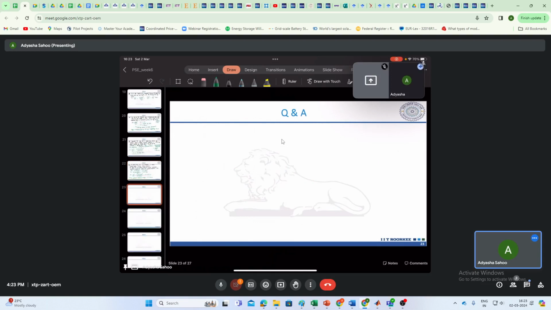Now next question. Again, transmission line with span length 200 meter, conductor diameter as 15 mm, ultimate strength 4500 kg, weight of conductor 850 kg per kilometer, wind pressure P 60 kg per meter square.